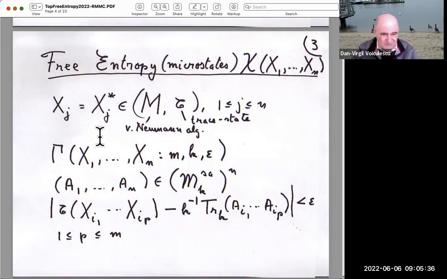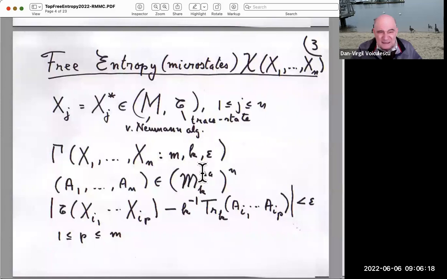And then there are the matricial approximants, the microstates. It's this set. So there is a number here, k, which gives the size of the matrices. There is m and epsilon, which are parameters which give a degree of approximation. So if I'm having this n-tuple x_1,...,x_n, I want it to be approximated in non-commutative distribution by an n-tuple of self-adjoint matrices A_1,...,A_n of size k by k.